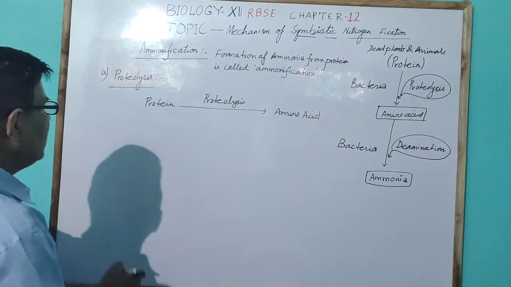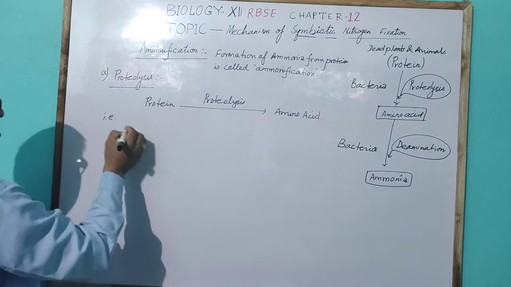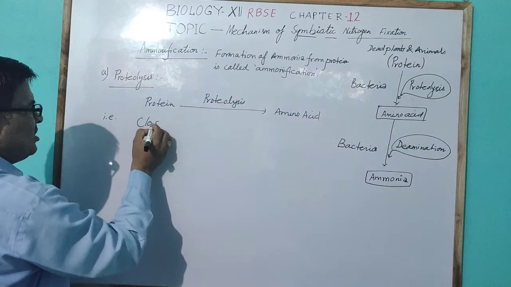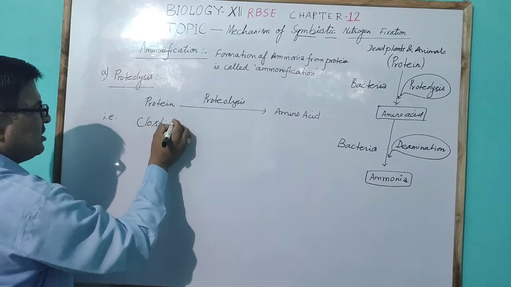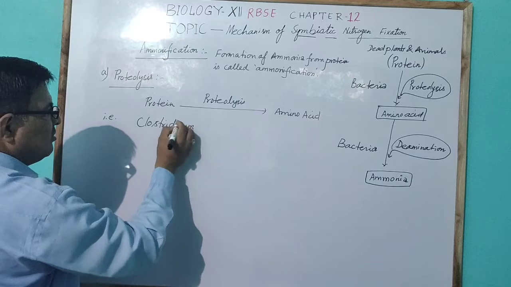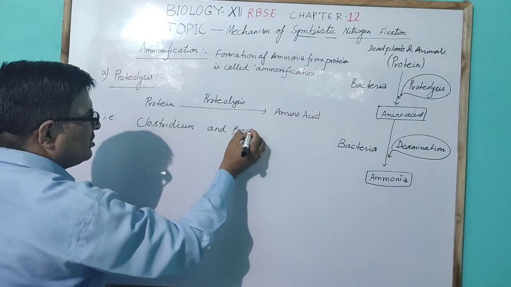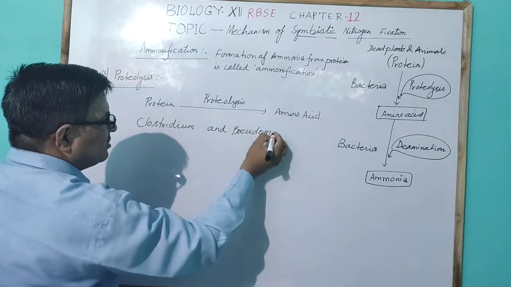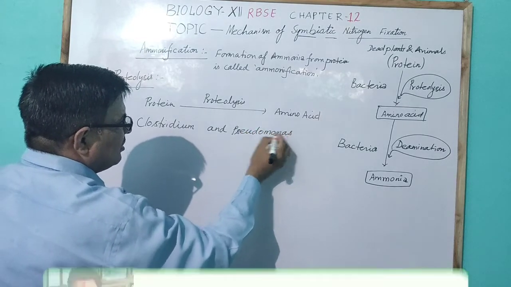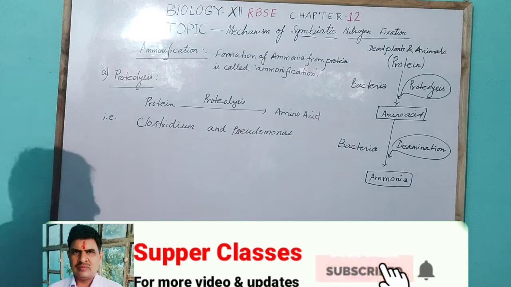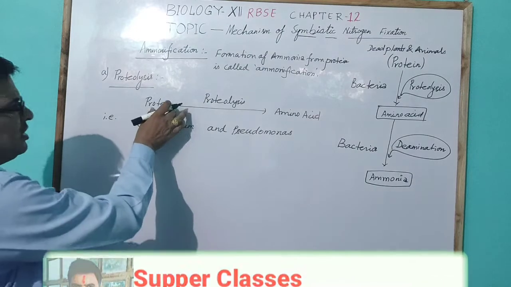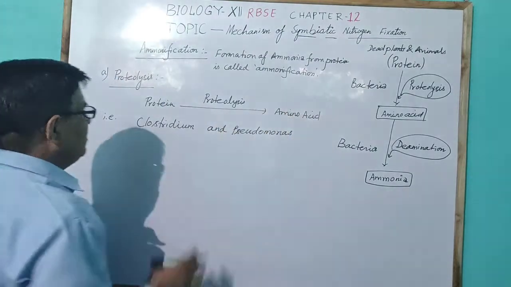And this reaction occurs, for example, by bacteria named Clostridium and Pseudomonas. Clostridium and Pseudomonas take part in the conversion of protein into amino acid.